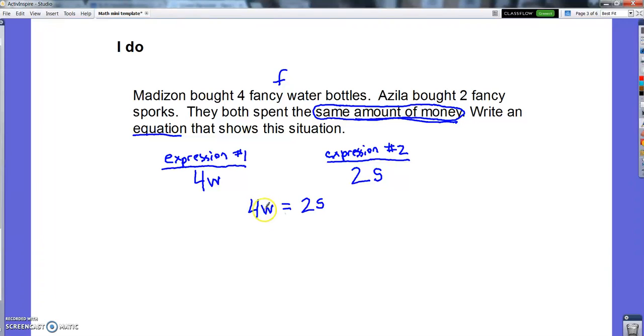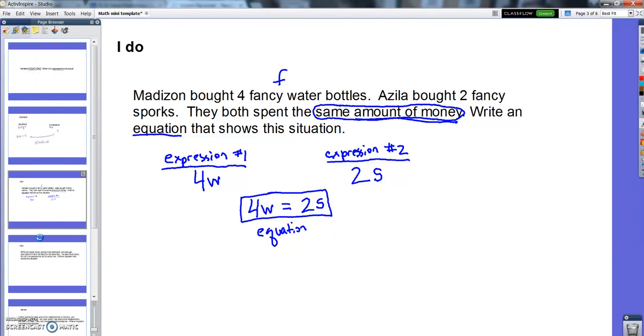The cost of 4 fancy water bottles is the same as the price of 2 fancy sporks. So I can make an equation now that shows the situation because I know they're equal. We haven't done anything where I've told you the amount before. So now I have an equation instead of an expression. That's how it works. Pretty simple.